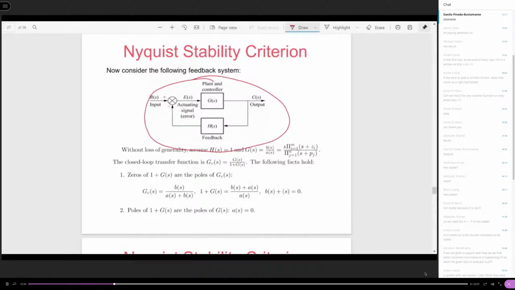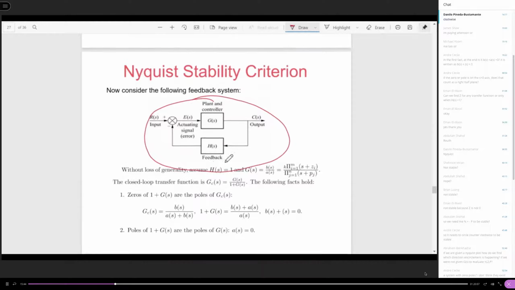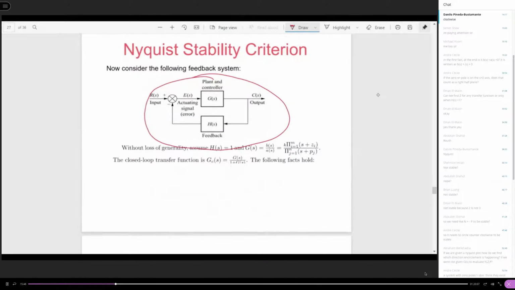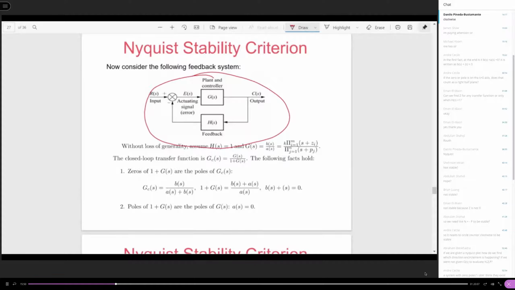If you recall in Control 1, I said many times that it is very important to know what's going on for the closed loop system. This is the closed loop, but this is the open loop system.